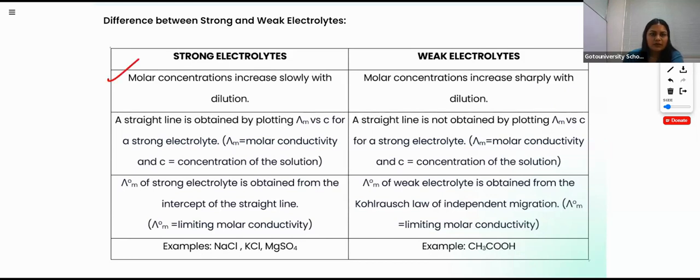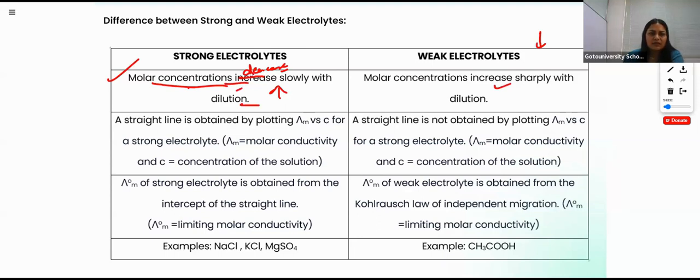Strong electrolytes are what? Their molar conductivity increases slowly with dilution, as I have discussed. For weak electrolytes, conductivity decreases. Okay. For strong electrolytes, as there is an inverse relation between conductivity and molar conductivity, for weak electrolytes molar conductivity will increase, for strong it will decrease.